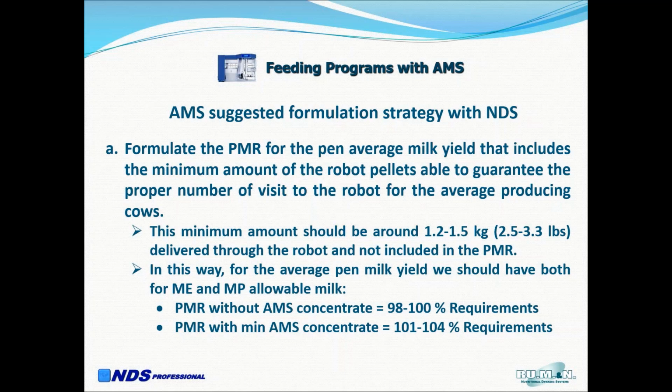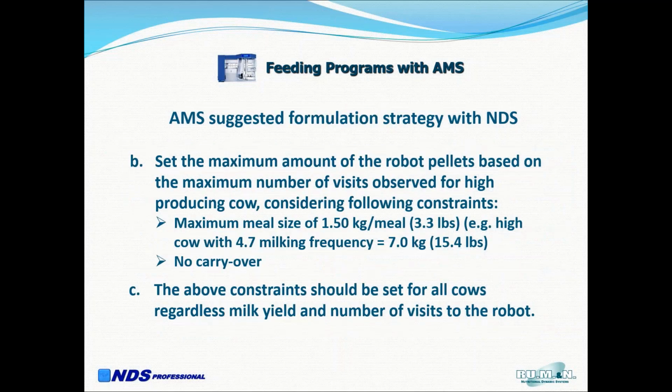Then when we add this minimum amount to the diet, that is not included in the wagon but delivered by the robot, we should have around 102, 103% of the requirement, no more than 105. After that, we need to set a maximum.